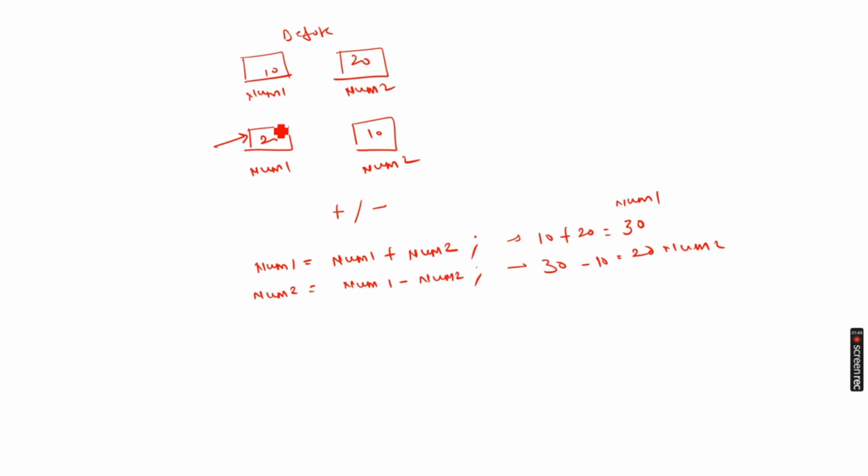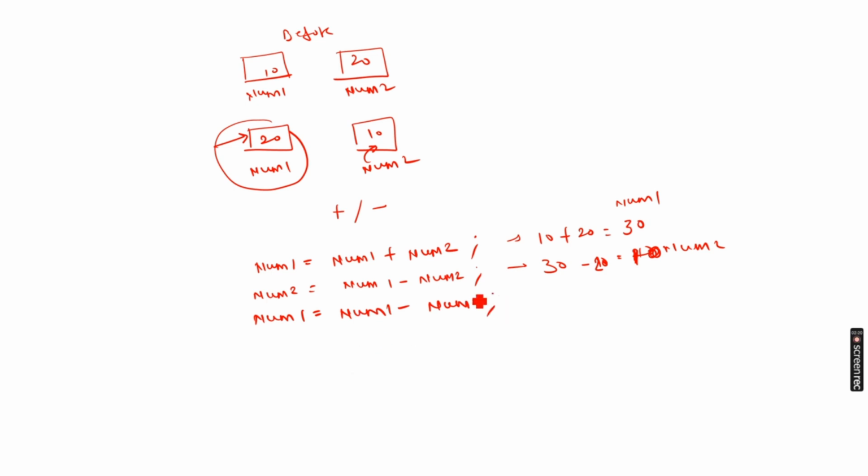Sorry, in this case num2 is 20, right? So 30 minus 20 is 10. So num2 will contain the number 10, which is the required thing. And again I am going to write num1 is equal to num1 minus num2.